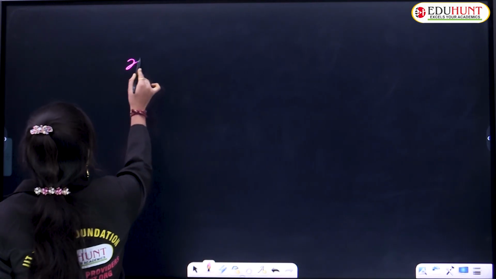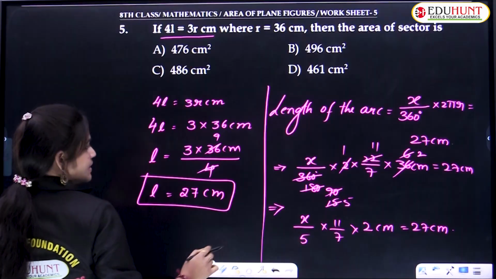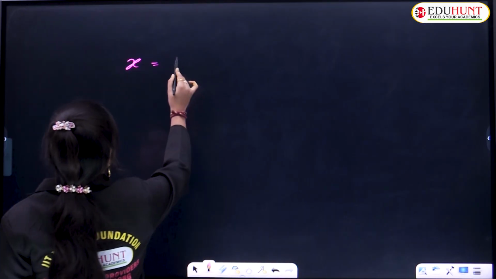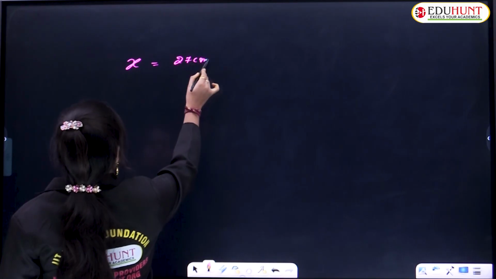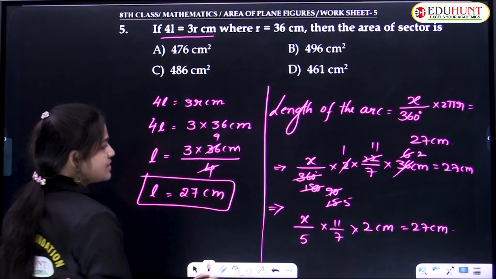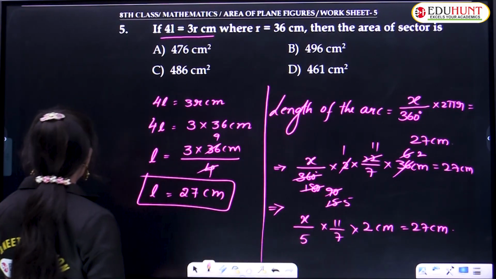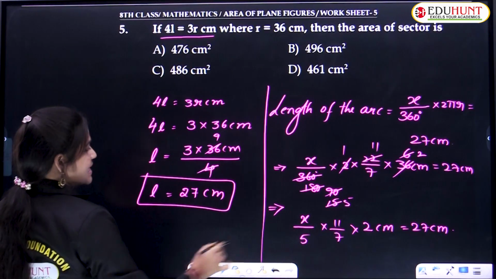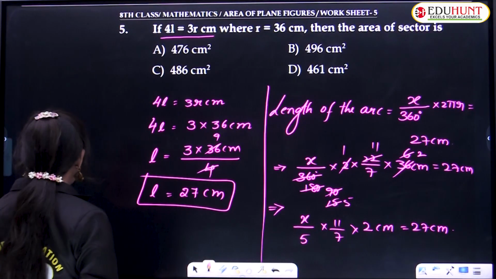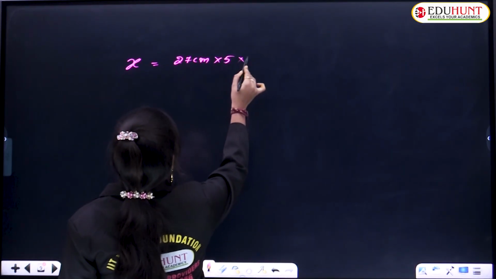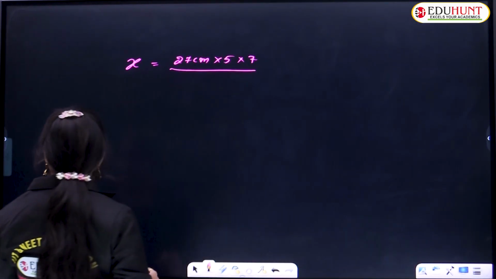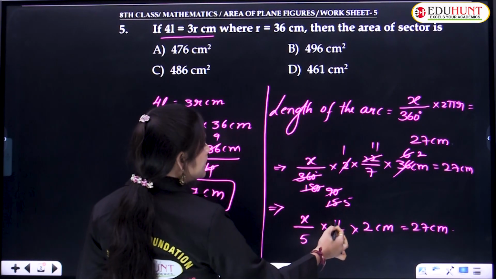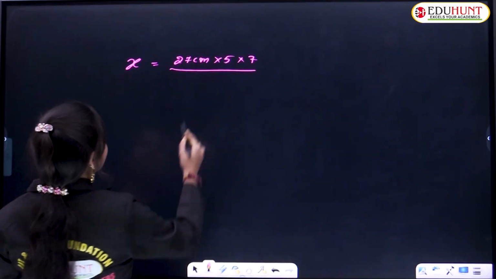Then x is equal to 27 centimeters, and the 5 in the denominator becomes into 5, and in the same way 7 becomes into 7, whole by 11 into 2, which becomes the denominator.